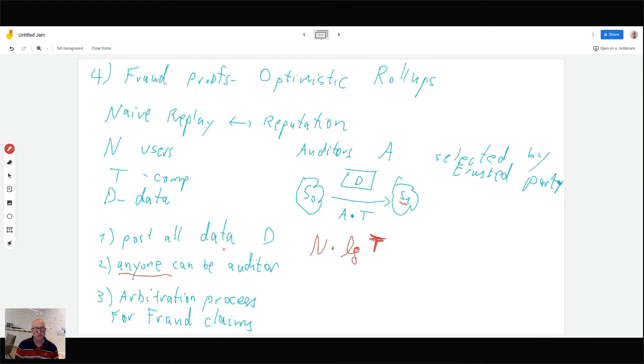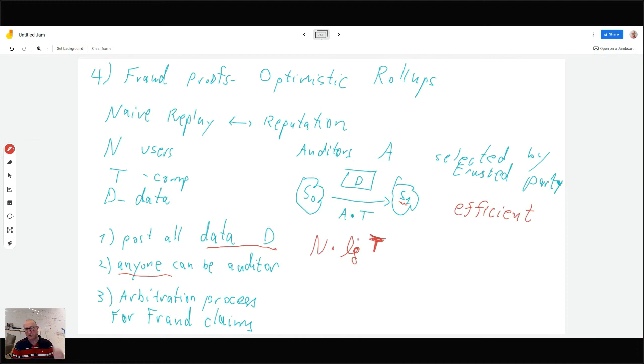And for this to work, we need all of the data to be posted. And then we have this very efficient arbitration process for fraud claims. The good thing about this is that it is more efficient because, certainly if there's no fraud, it is very efficient. You only have A times T computation, which is pretty much as in the reputation-based system that was very efficient.